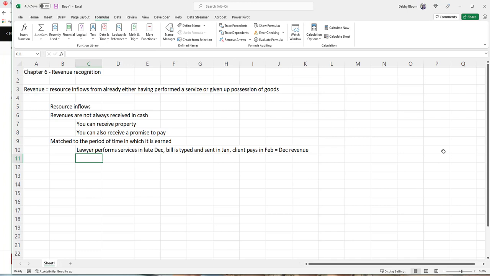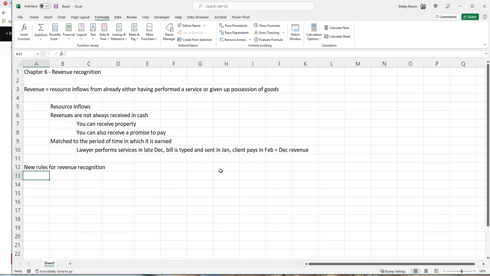Now, let's go over some new rules relating to revenue and then some exceptions to the revenue recognition principle. So these are brand new rules for revenue recognition.